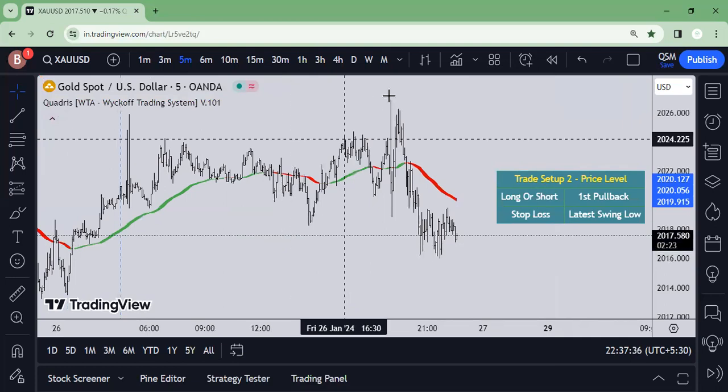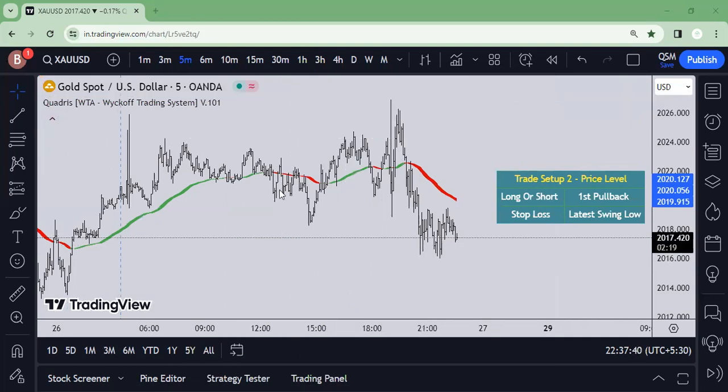As soon as the price moves above, like for example, there was a congestion over here. There was a congestion over here. As soon as price breaks out and there is a first pullback, long or short, either ways, trade first pullback and up she went. Same goes here. We are not getting any decent pullback.